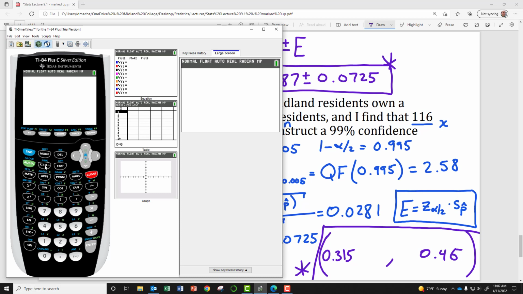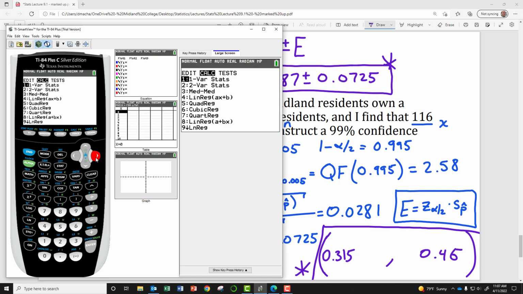The title for A is 1 proportion Z interval. So we're talking about the confidence interval for just one population proportion. The Z refers to the idea that we're using the standard normal distribution quantile function in there. And INT stands for interval.